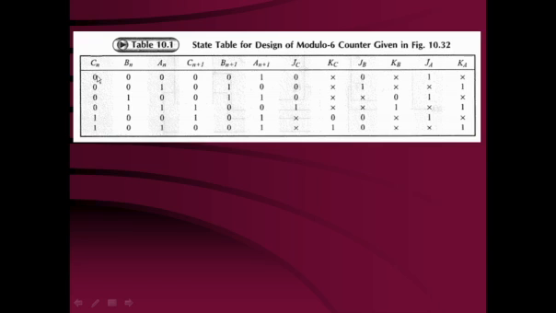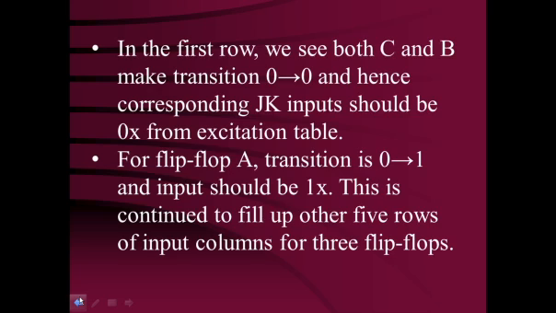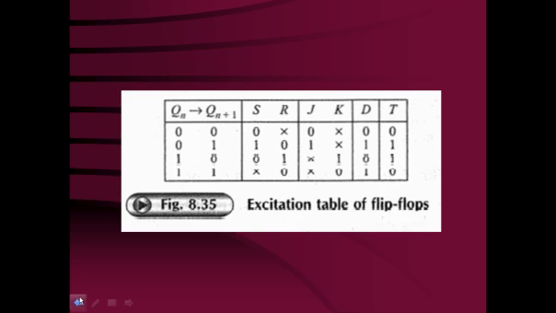So what is the requirement for the C flip-flop? C was 0, and after giving a clock pulse, the next state is supposed to be 0. That means a 0 to 0 transition is required. And for a 0 to 0 transition, what are the conditions of JC and KC? That you can obtain from this excitation table.